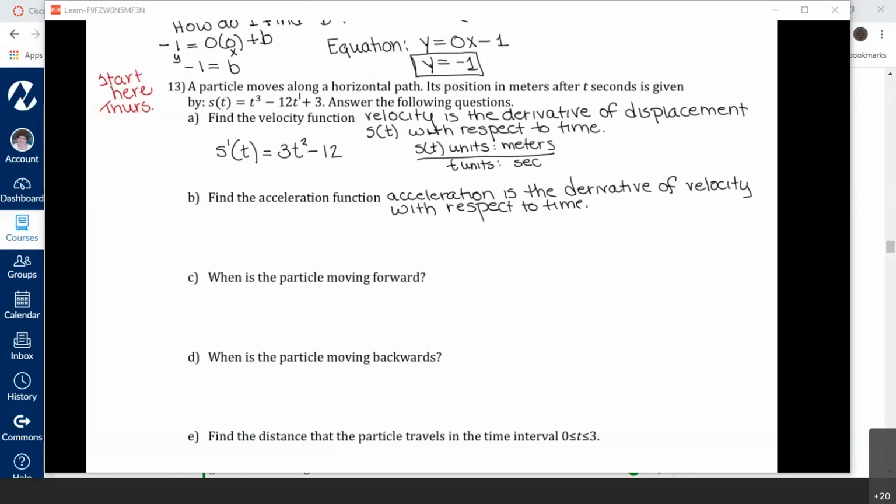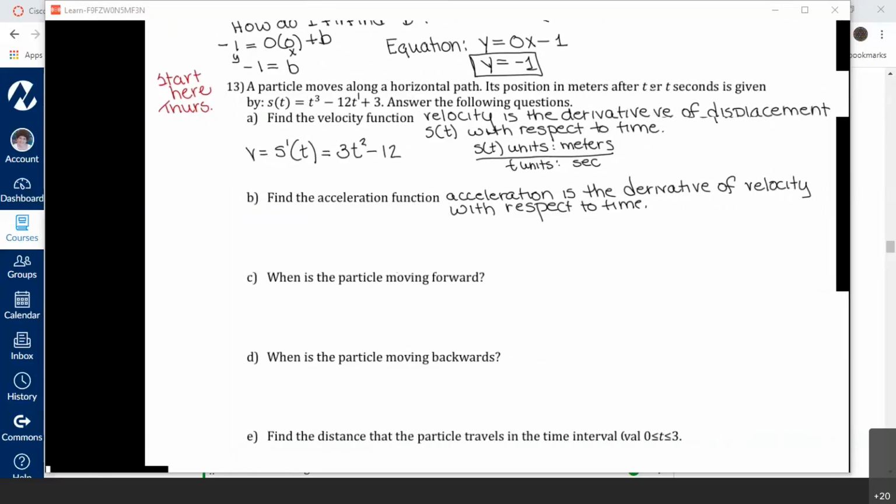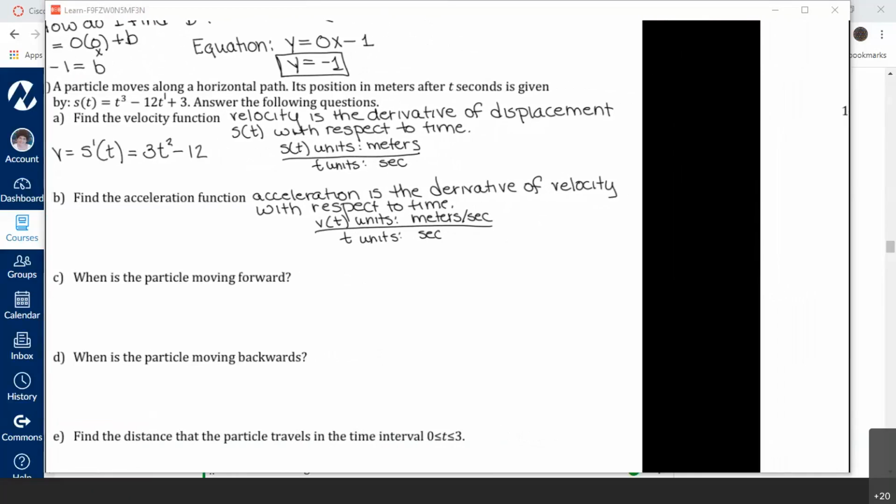Okay, so velocity has units of meters per second. Okay, acceleration, let me just call this v, just to make it easier. Okay, so acceleration has v of t units on top, which is meters per second. And then it has t units on the bottom, which is second.